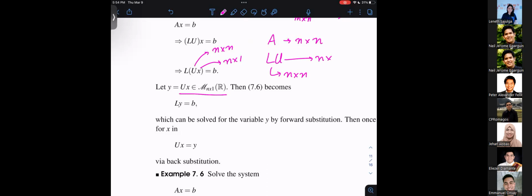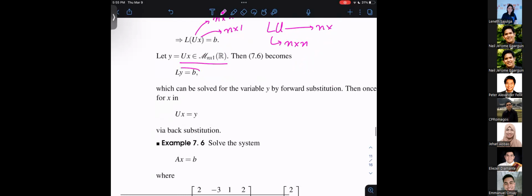But with that change of variable from the unknown variable X to the unknown variable Y obtained by multiplying U and X, we get a new linear system. We'll have LY equals B, right? So essentially you have your lower triangular matrix L times your new variables Y1, Y2 until Yn equals your vector B1, B2 until Bn.